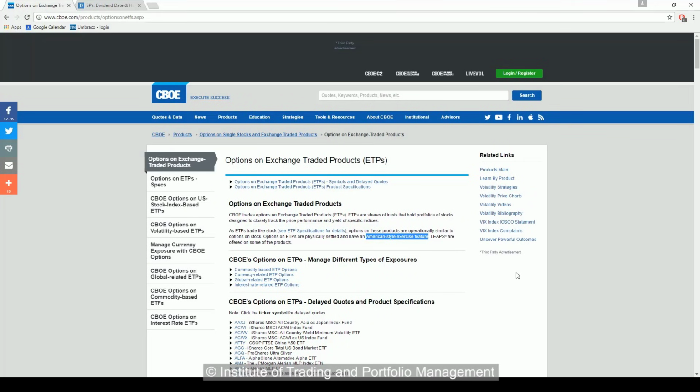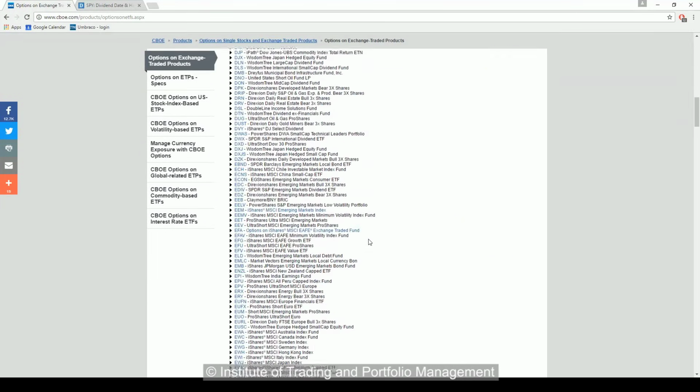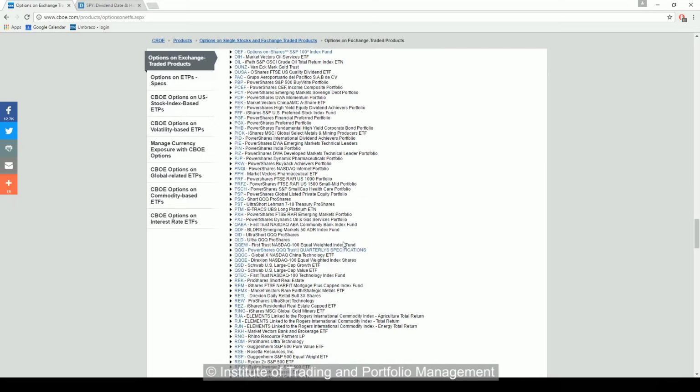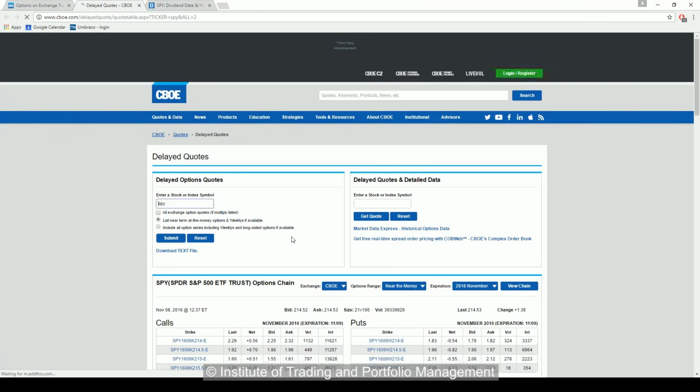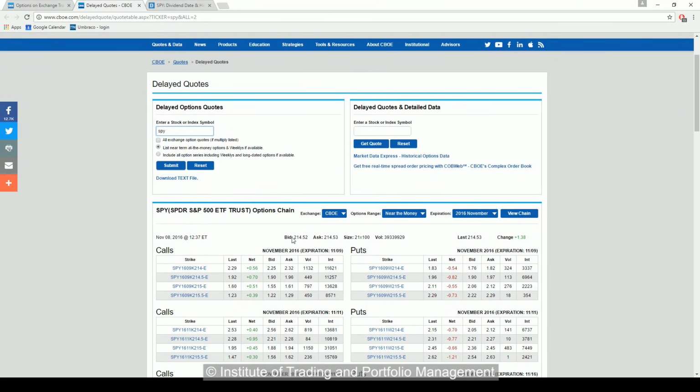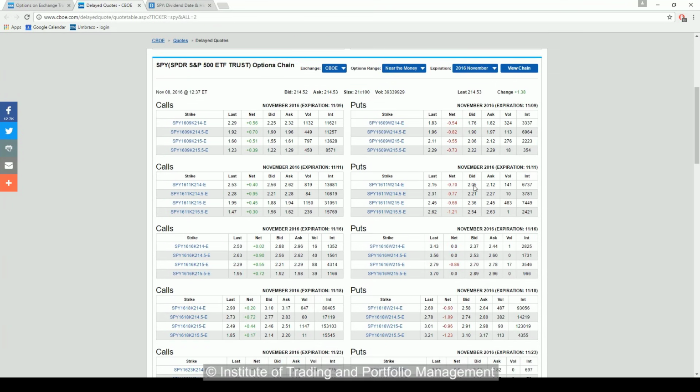We'll go down to SPY. And what you'll be presented with here is effectively a list of options, commonly known as an option chain. This gives you a load of details on calls and puts on the asset that you're looking at with varying strikes and so on.